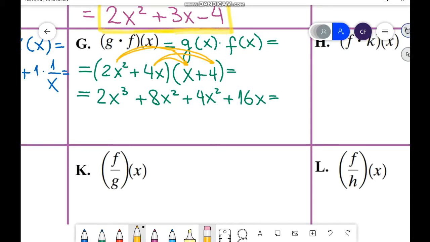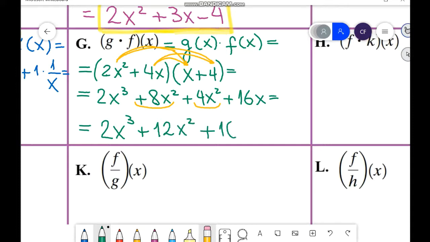Nice? You can combine like terms because you have 8x squared plus 4x squared. And this equals, first the highest exponent, 2x cubed, the next highest exponent is the square, 12x squared, and finally 16x. That's it.